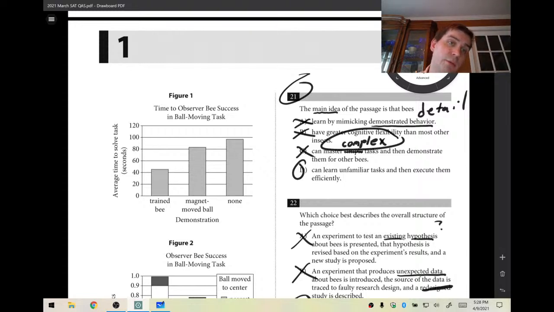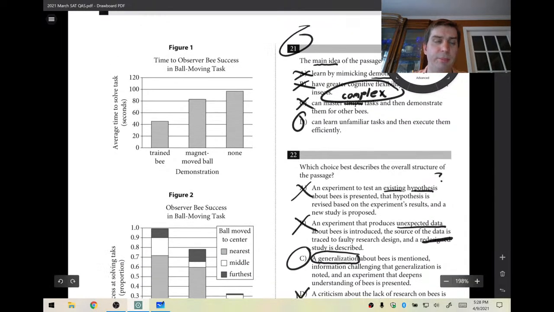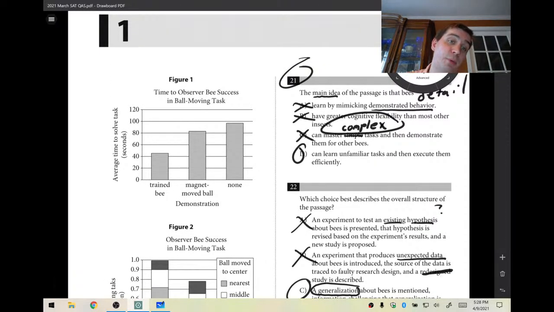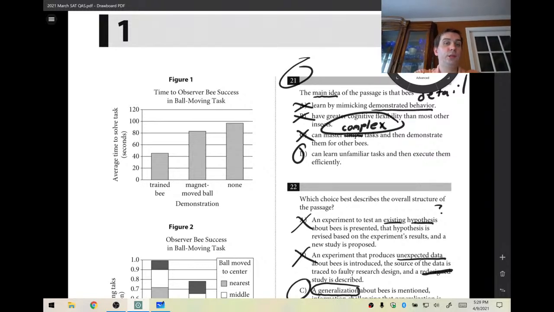Okay, so we have a bee who observed the ball moving by magnet. The bee still learned, but it took 80 seconds. So the bee still learned, but not quite as quickly as watching a plastic bee or watching another real bee push the magnetic ball or push the non-magnetized ball.